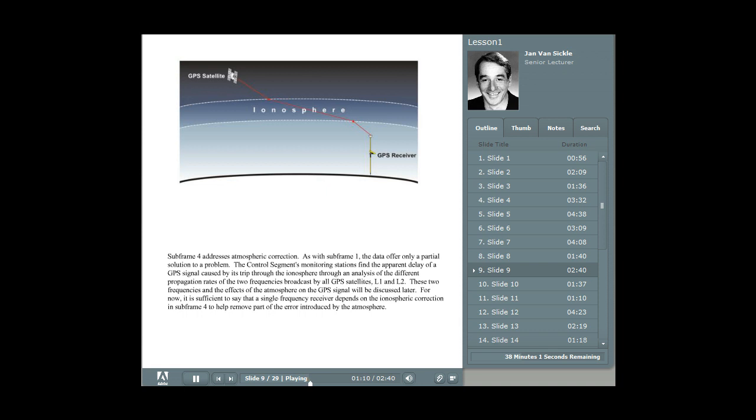Their propagation rates, they're slowed differently in the ionosphere. They're not slowed at exactly the same rate. We'll talk more about that in a little bit.